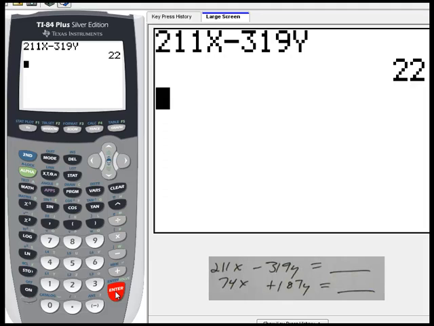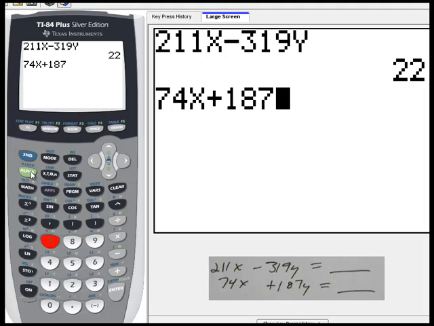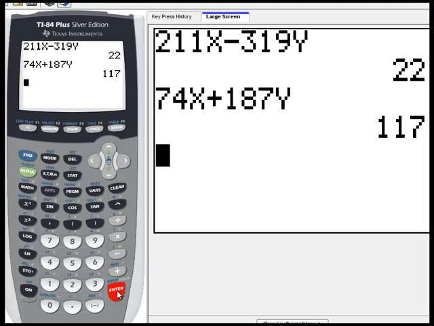Good, just as in the original first equation. Let's go to that second equation's left-hand side. 74x plus 187 alpha y. Enter. 117. Good. Also the same as the second original equation.